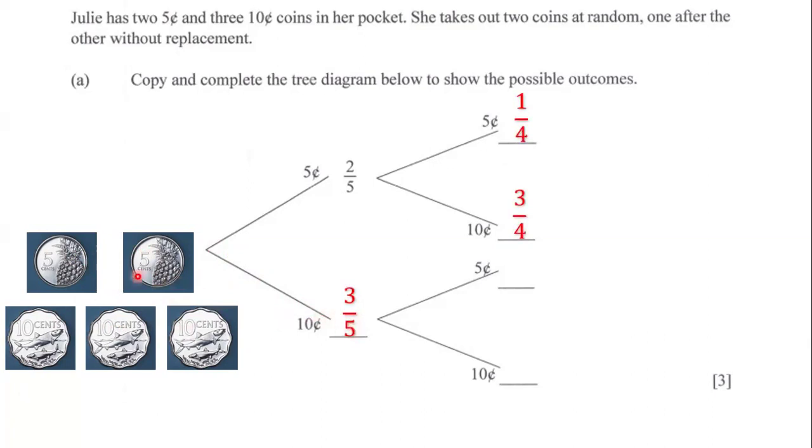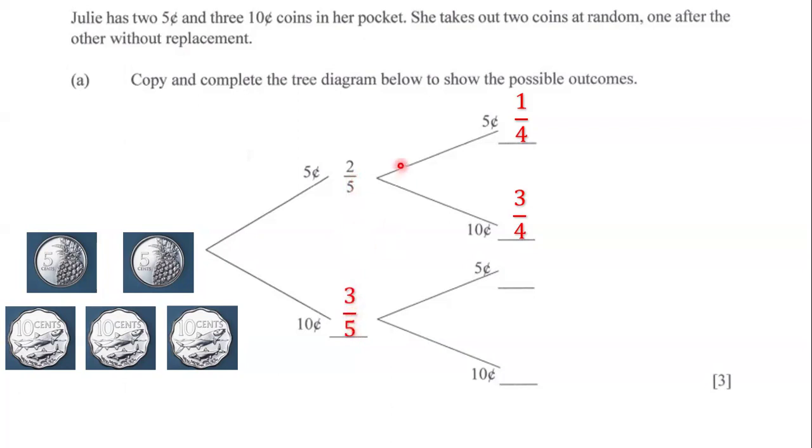But there are only 3 10-cents, 1, 2, 3. So the probability of her getting a 10-cent is 3 over 5, because there are 3 10-cents and 5 possible coins to choose from. And so for this one, it's 2 over 5, and for this one, it's 3 over 5.